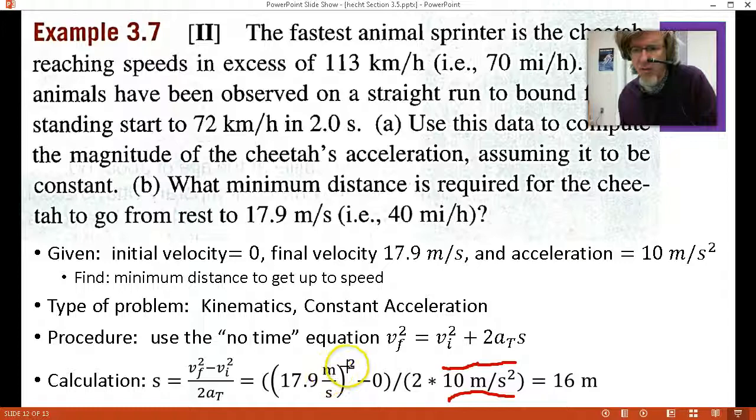So 17.9 squared divided by 20 essentially is 16 meters. So a meter is a little more than 3 feet, so you're about 48, maybe 50 feet. A cheetah is running 40 miles an hour at you or chasing you. So, fastest mammal on the planet.